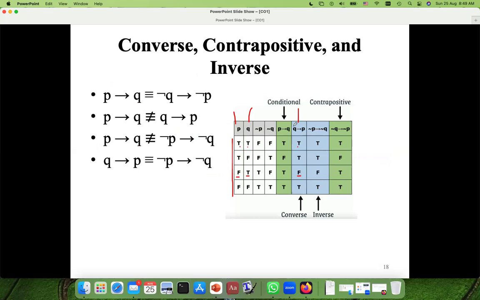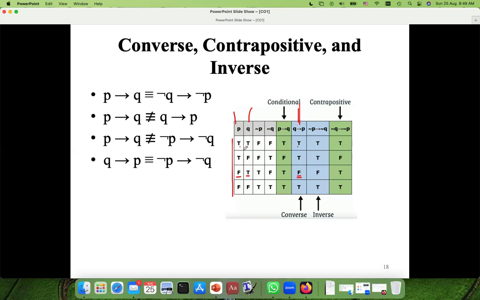So here, this is the column for Q implies P. The first one is Q, so I am looking at this Q. When the first one is true and this P is false, then it will be false, and true for all others. You don't have to write true for all others. You have to look. Maybe you will again have T and F somewhere in the row, if you are calculating something complex.